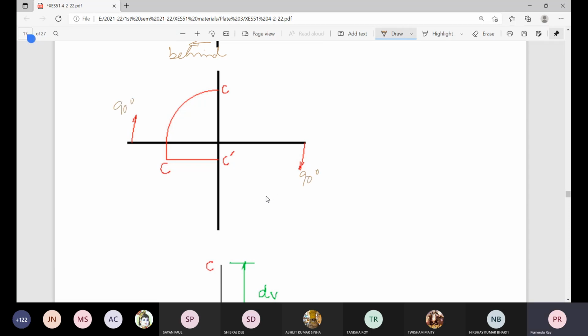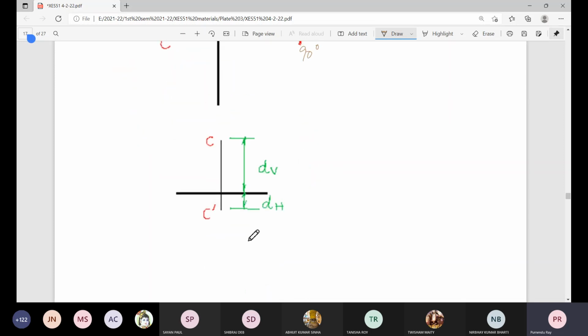This 90 degree is corresponding to opening this space, so it travels back. Now when it travels upward, naturally this point C location shifts here. So finally this 3D representation to 2D representation will give you this diagram.